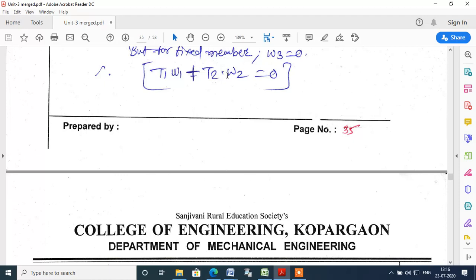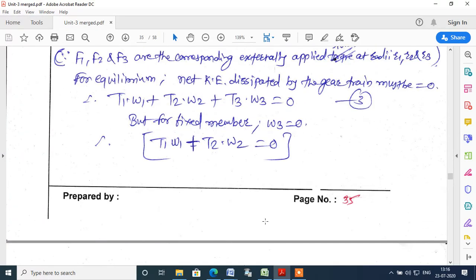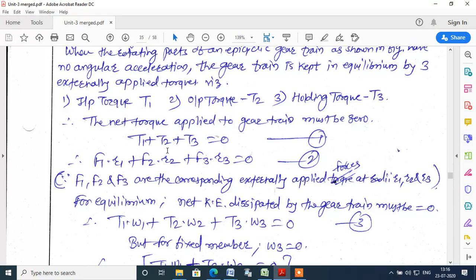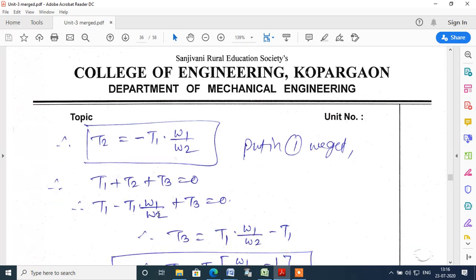So therefore T2 is equal to minus T1 into omega 1 by omega 2. Okay. So this T2 value we put in equation number 1. So we got T1 plus T2 plus T3 equal to 0. So T1 minus T1 omega 1 upon omega 2 plus T3 equals 0. Therefore T3 equals T1 omega 1 by omega 2 minus T1.